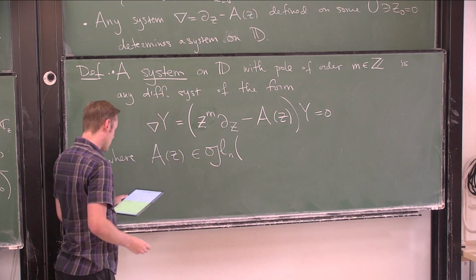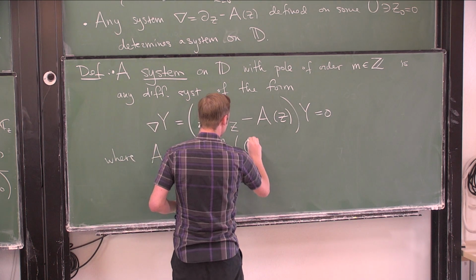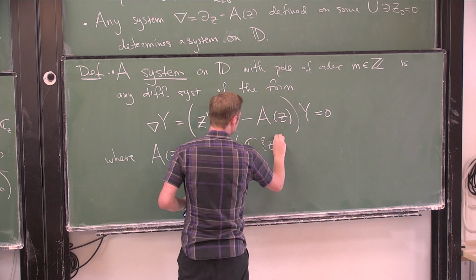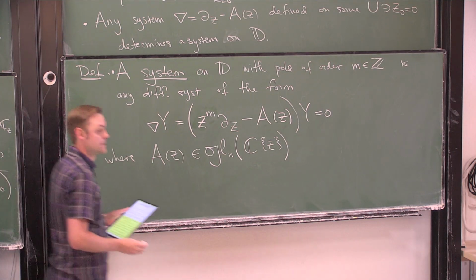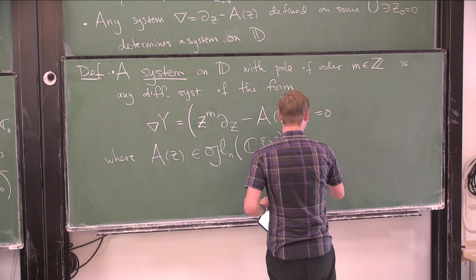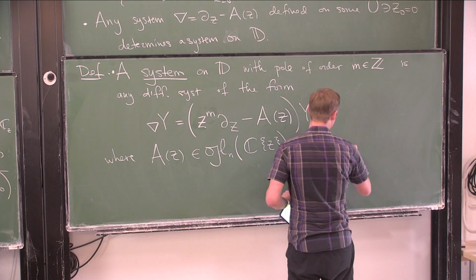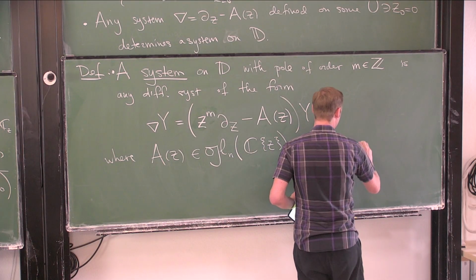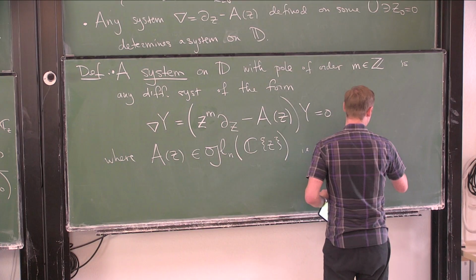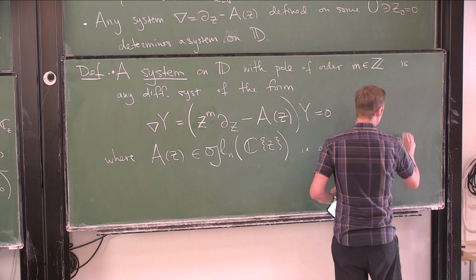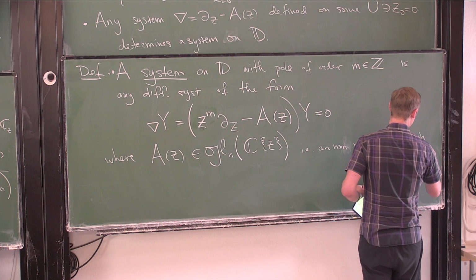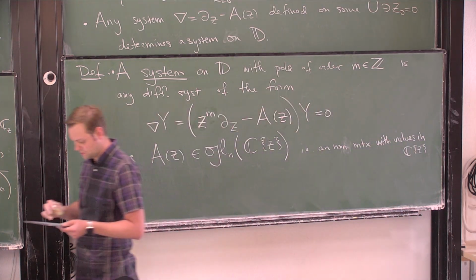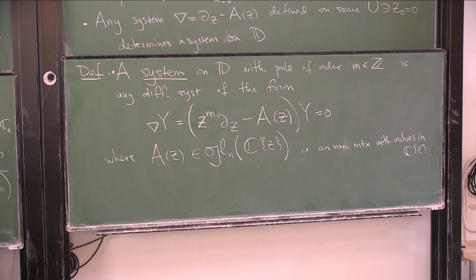It's an n by n matrix, but with coefficients which are convergent power series, i.e. an n by n matrix with values in C of z. Does this make sense?